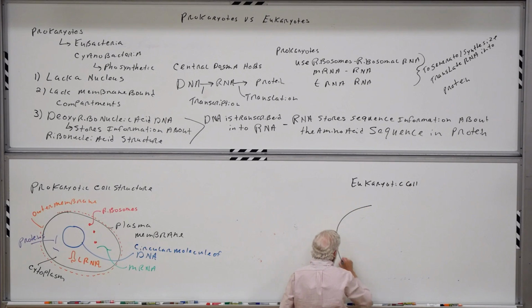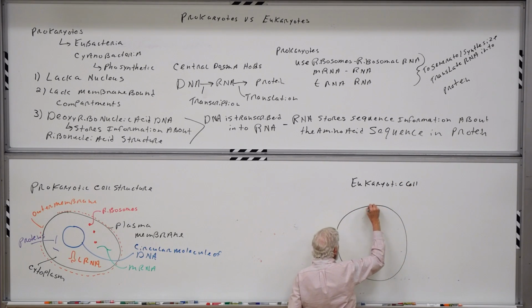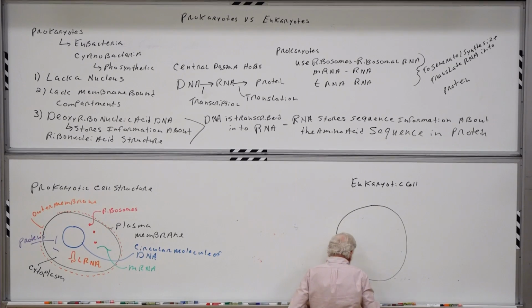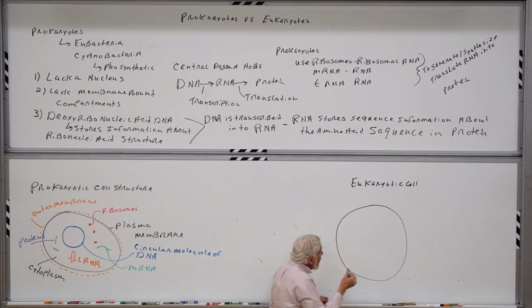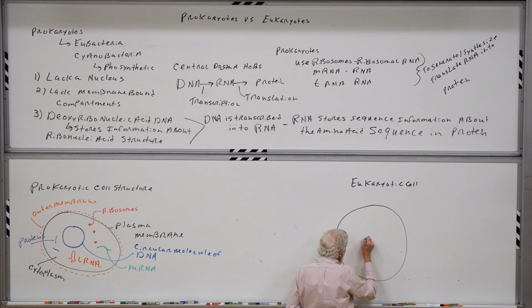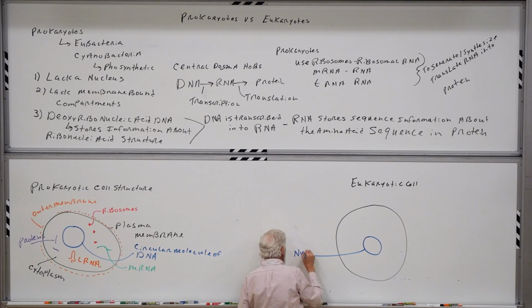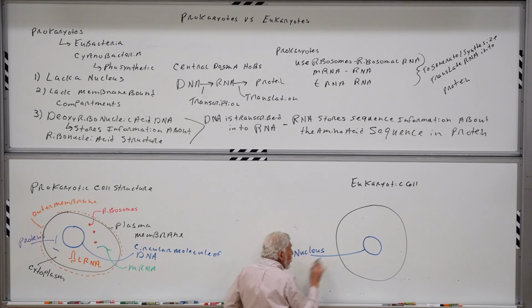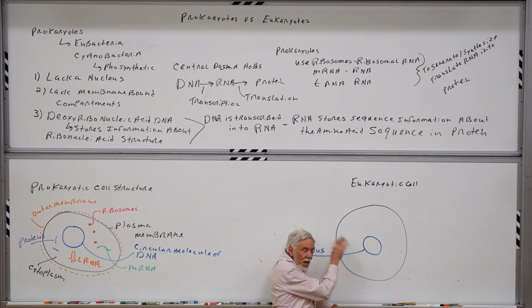So there's the plasma membrane. But one of the hallmarks of these eukaryotic cells is the structure, usually toward the middle of the cell, not always, but often, known as the nucleus. And these structures were obvious to the early microscopists, as far back as von Leeuwenhoek looking at cells in 1720.